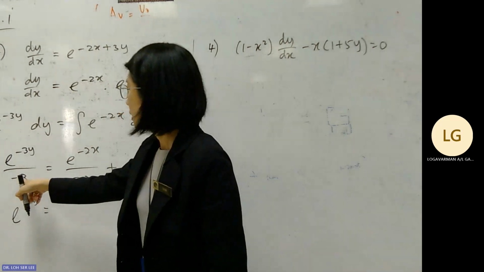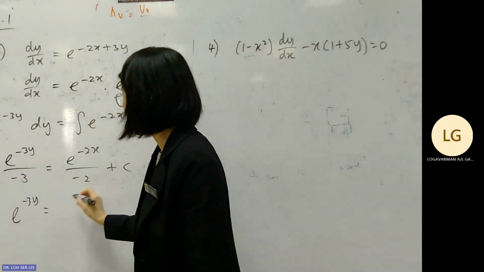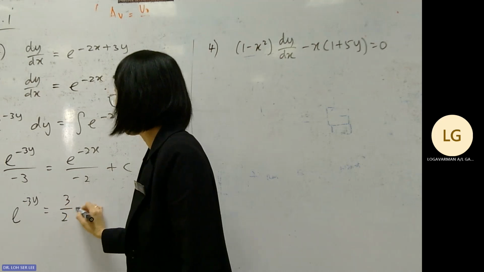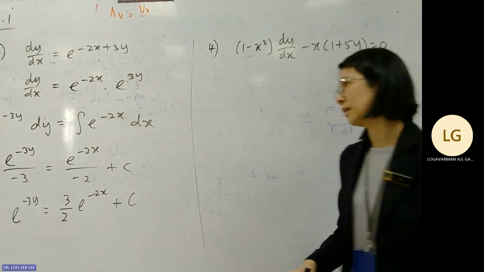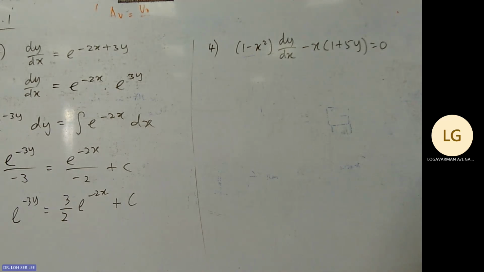Move the negative 3 to the right hand side, so you have 3 over 2 plus 6, still a c. Negative 3c is still a constant.